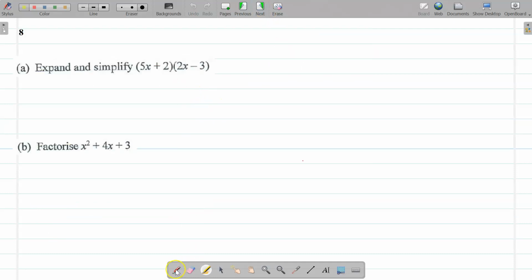Expand and simplify. Okay, well this is quite simple. We just have to apply what we often call FOIL, first, outer, inner, last. So we take those two terms, multiply them together. We get 10x squared. Then we take the outer, which is going to be minus 15x. Then we take the inner, which is going to be plus 4x.